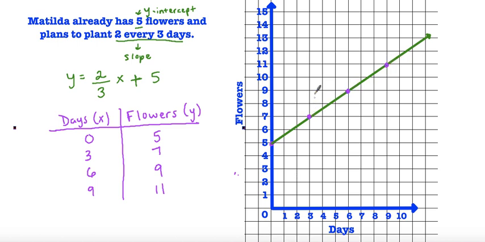And then, as I mentioned before, our slope here is the fact that we gain 2 flowers every 3 days.